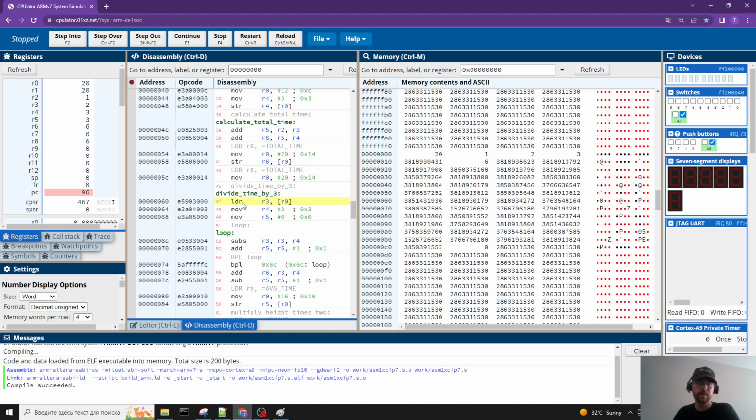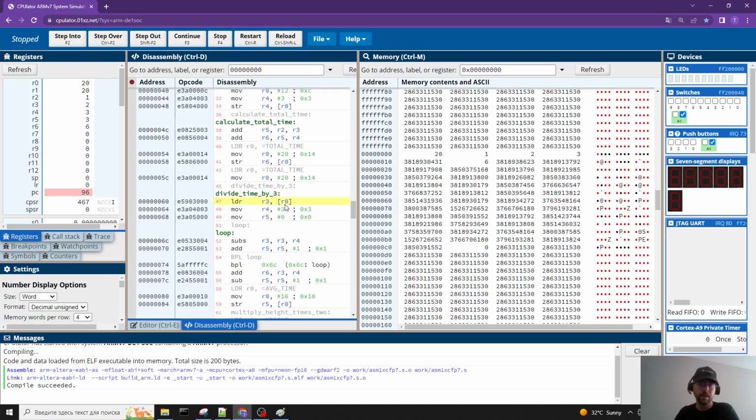Then we're going to load the value, how to say this? Register 0 has a number in it that points to a RAM location, and the number that is in that RAM location is what we're going to load into register 3.